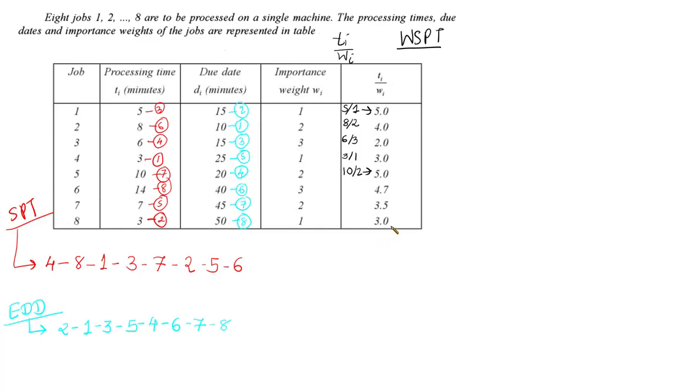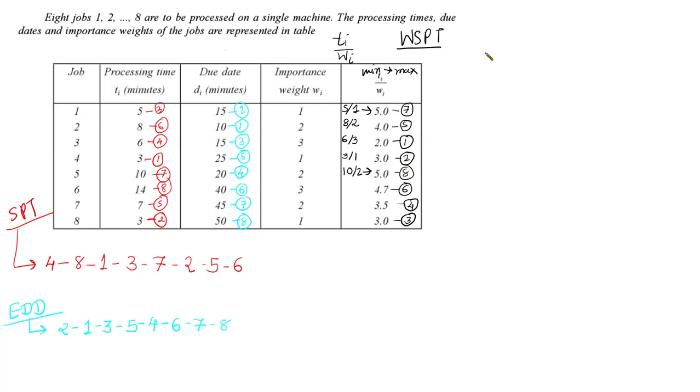Now we will arrange these numbers from minimum to maximum. This is the first one, this is the second one, third, fourth, fifth, sixth, seventh and eighth.